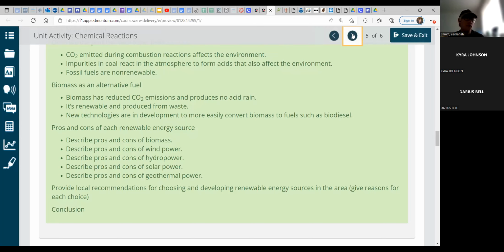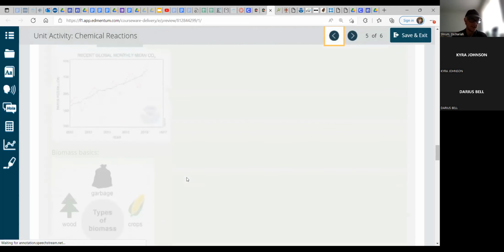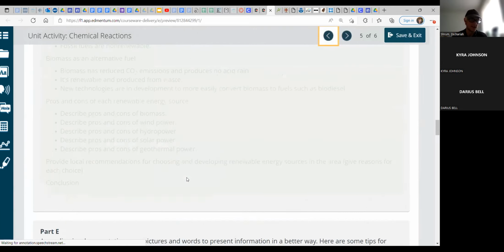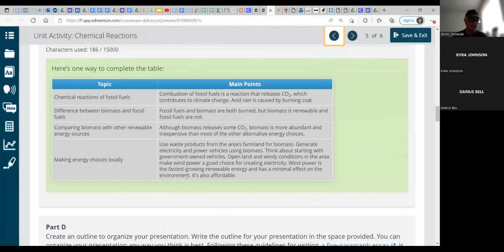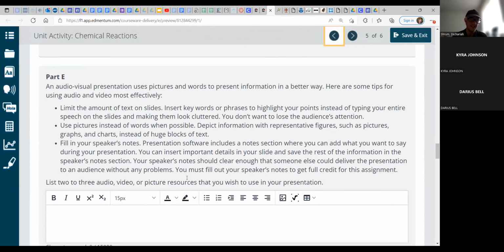Since you're looking at Oklahoma, Tulsa, you're trying to find out what would suit Oklahoma the best, and then try to back that up with some information and sources. And then you have your conclusion. So that was part D. There's the outline. Now it gets you started.